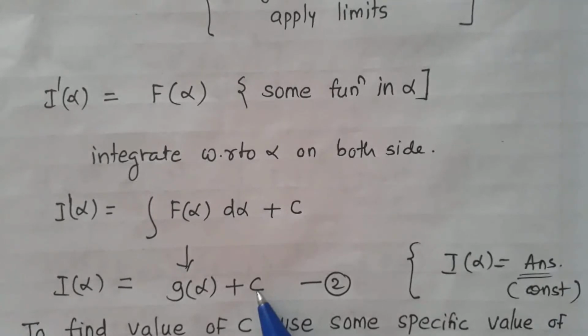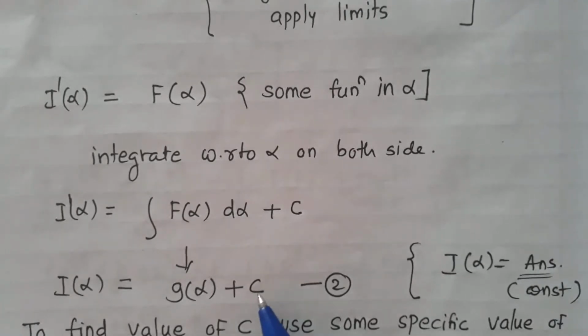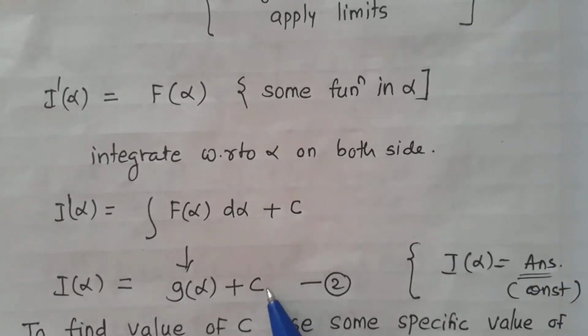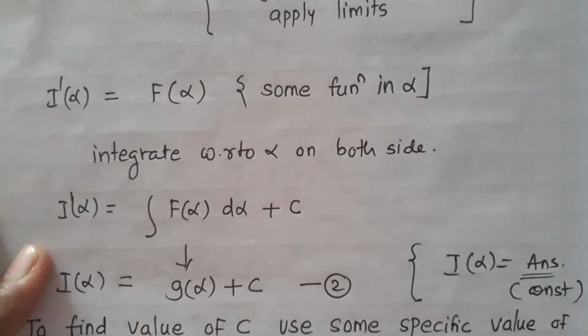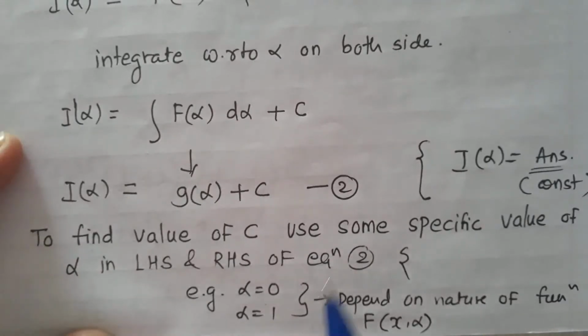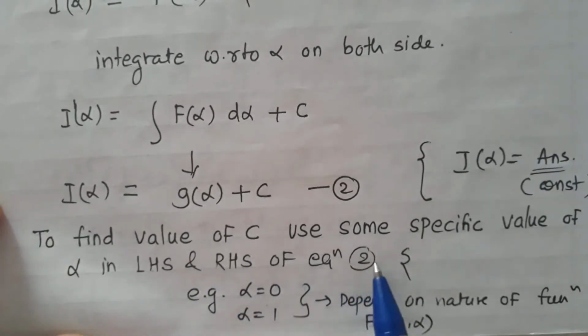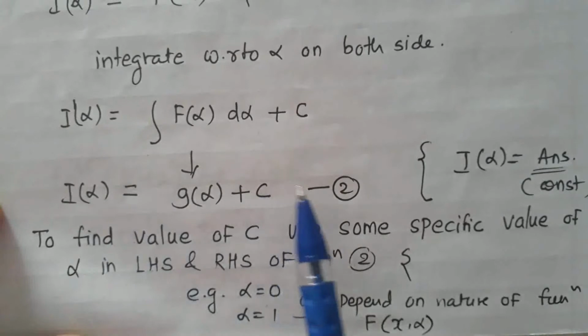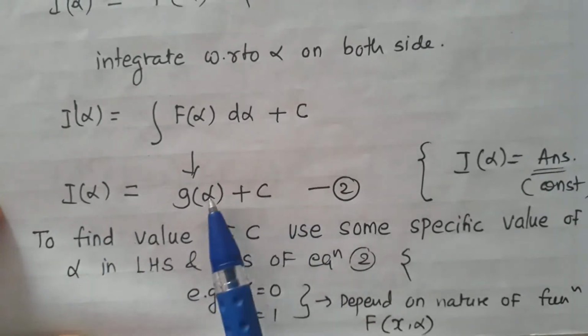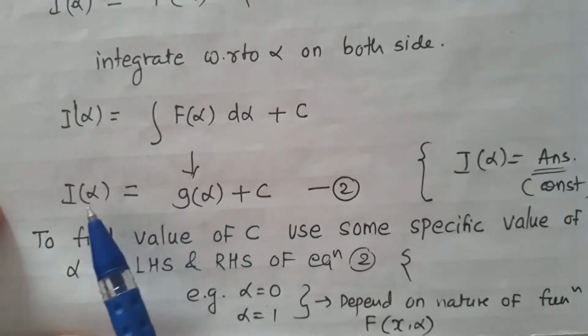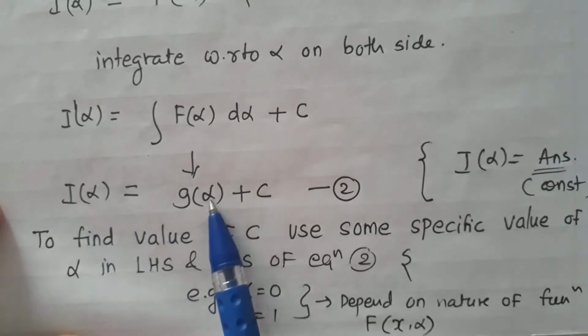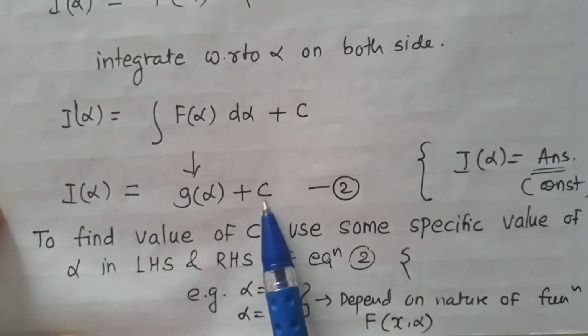So we have to find some specific value of this constant c. To find the value of c, use some specific values of alpha in LHS and RHS of equation number 2. You will get some value of the constant c.